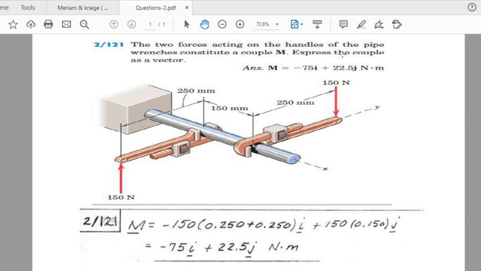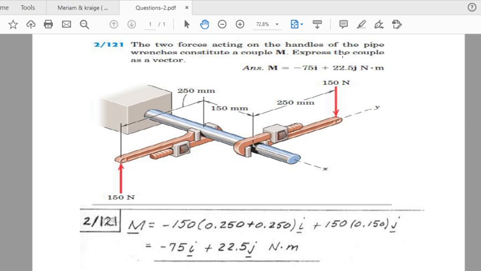The point on the 150 Newton force directed downward is on the y-axis. So the x and z coordinates are going to be 0 and the y coordinate is along positive y, which is 250. So the coordinates of this point are going to be 0, 250, 0.